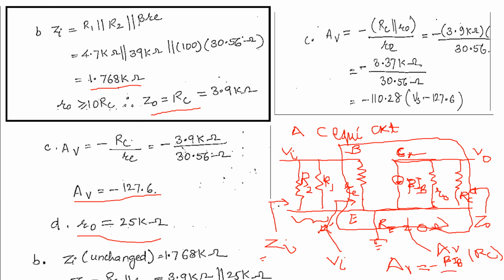Upon the input current flowing into the base, this is IB, so this will be IB times re. You cancel out the common term, that is IB.